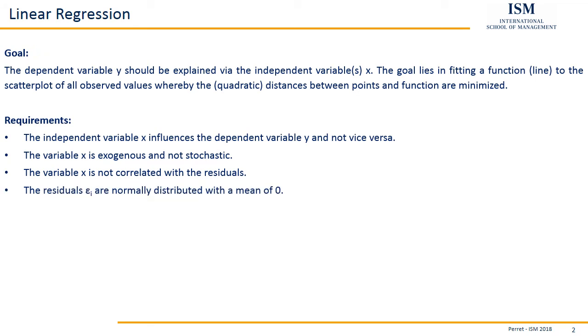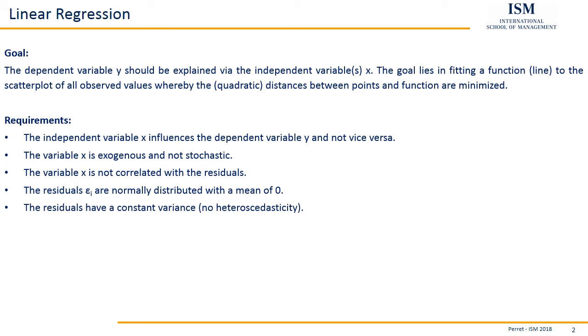The residuals epsilon i are normally distributed with a mean of 0. This is a central requirement for linear regression. In particular, if later on we want to do any tests, all of those tests won't work in any which way when we do not have this requirement, and we also cannot be assured that the coefficients we determine are actually the best fit if this one is not met.